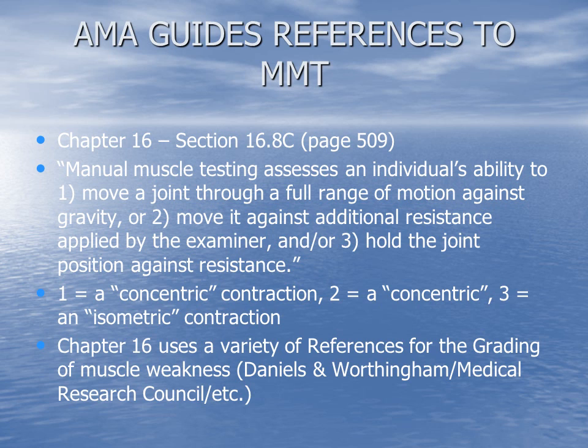That is an isometric contraction. And there may be times when we even utilize eccentric muscle contractions. So the AMA Guides not only use a variety of references for the grading of muscle weaknesses, they also use a variety of different methods of doing the manual muscle testing procedures themselves.